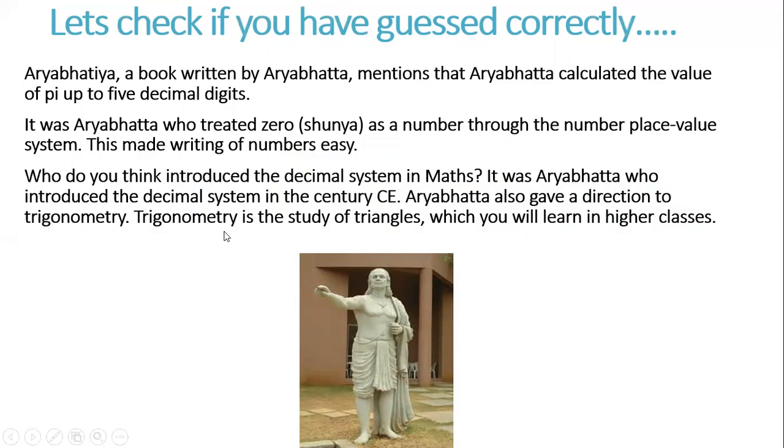We have various formulas. Trigonometry is the study of triangles, as the word itself shows, which we learn in higher classes. A good to know information as we're learning about mathematics is that in ancient times, mathematics was known as Ganit, and it included arithmetic, geometry, algebra, as well as astronomy, astrology, and even trigonometry.